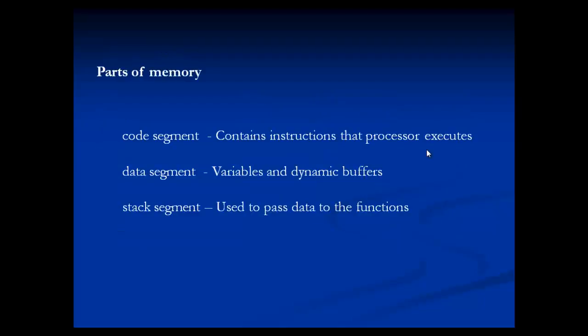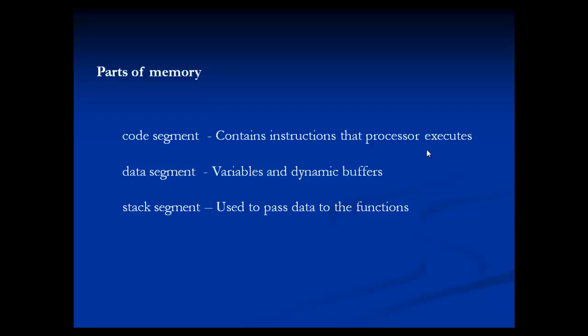Now let us try to understand the parts of the memory. We have three parts in the memory. One is the code segment, another one is the data segment, and another one is the stack segment. This code segment contains instructions that the processor executes. It means the actual program instructions that are being executed by the processor.